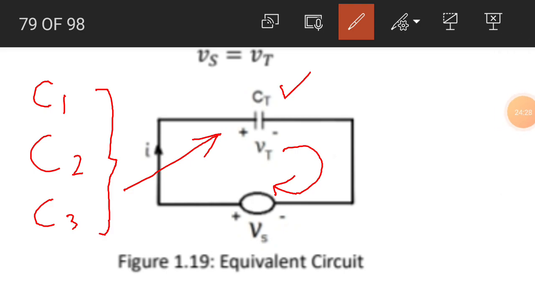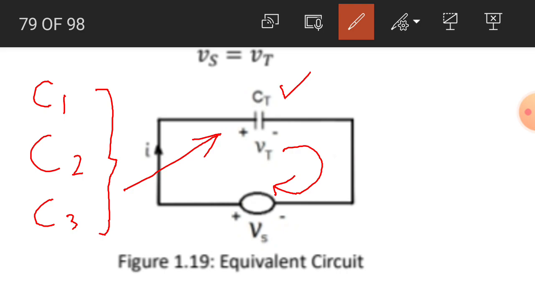We apply KVL to this loop. According to KVL, the sum of the voltage rises in this loop will be equal to the sum of the voltage drops. Keeping in view the direction of the current in this loop, the voltage across the source is a voltage rise and the voltage across the single capacitor is a voltage drop.